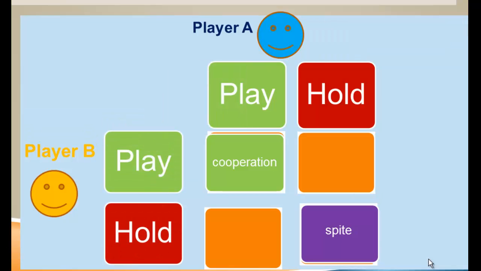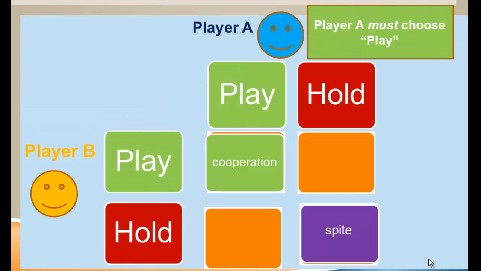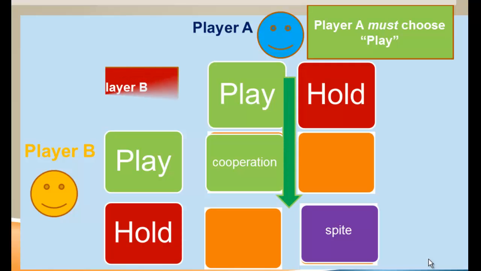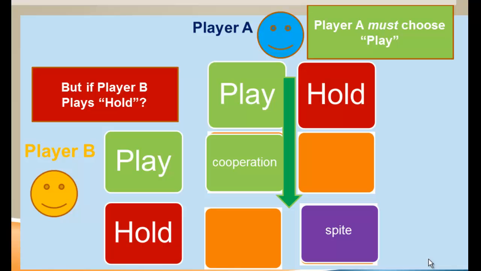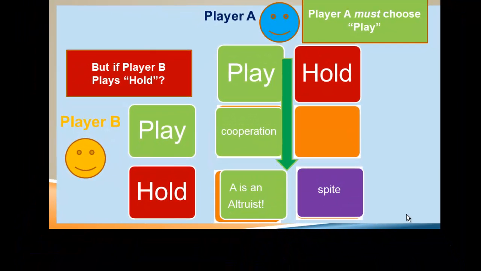And the same thing holds from A's perspective. In order to get to the cooperative corner, player A must risk playing, but in doing that, player A is risking altruism, because if player B plays hold, then A turns into the altruist, giving all of her offspring to the other player, and player B is the selfish winner.